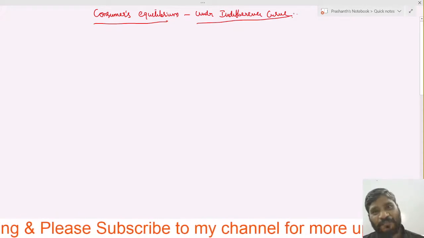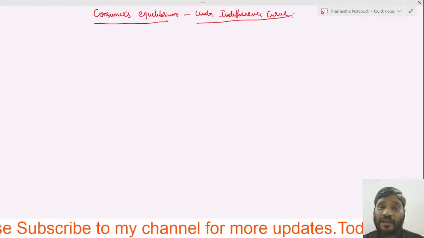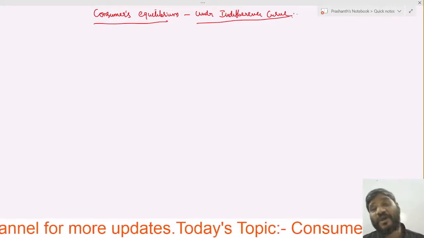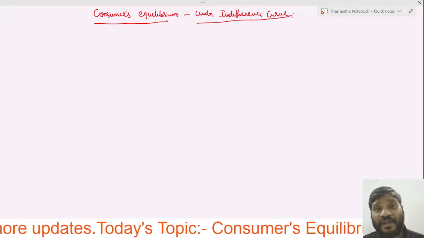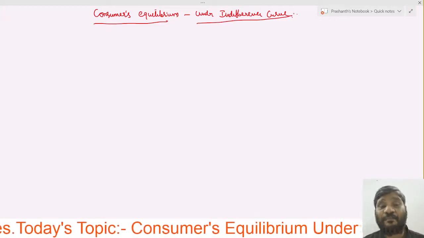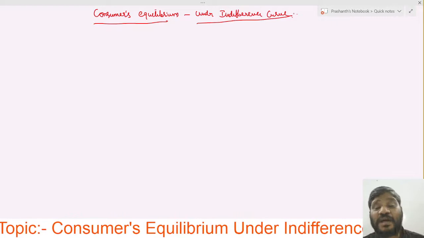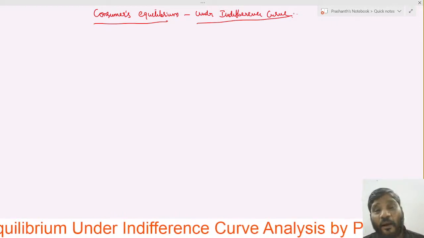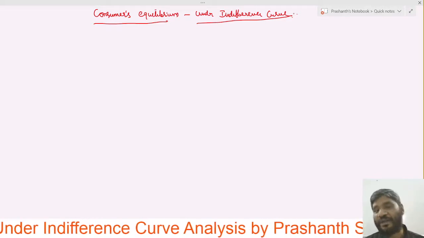Here this concept is very different. In the law of diminishing marginal utility and the law of equi-marginal utility, we have calculated how the consumer gets maximum satisfaction with a different approach, under the cardinal utility approach.